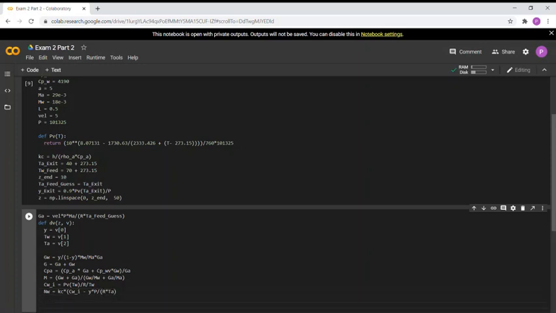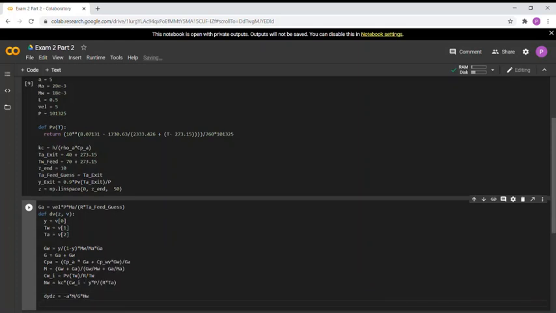Then we have dy dz equals negative a times m over g times molar mass of water, molar flux of water. We have dt water dz.